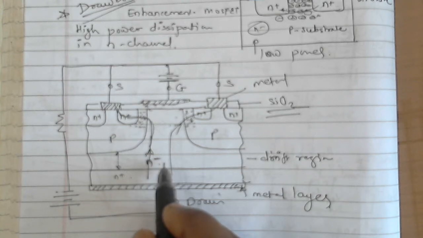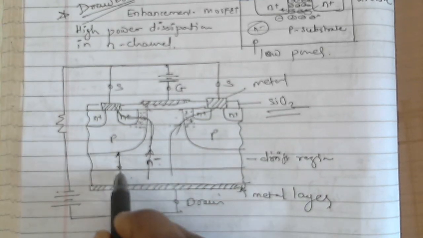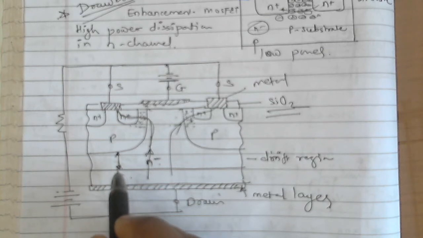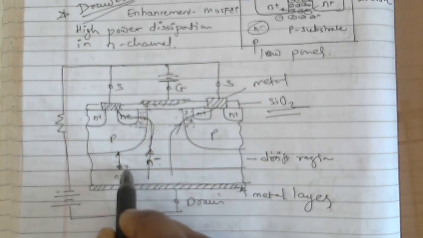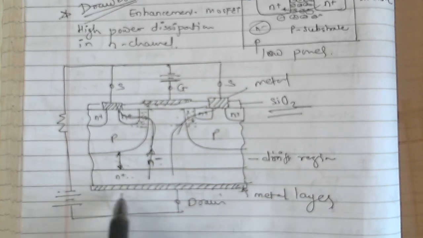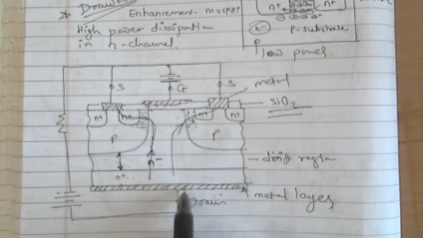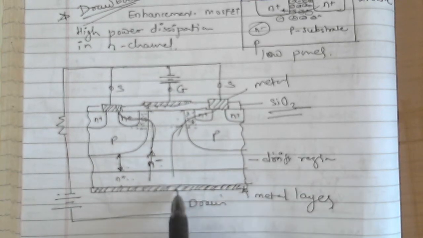The thickness of this layer defines how much voltage it can block. On the other side of the n plus substrate, a metal layer is present, and on the metal layer the drain is connected.